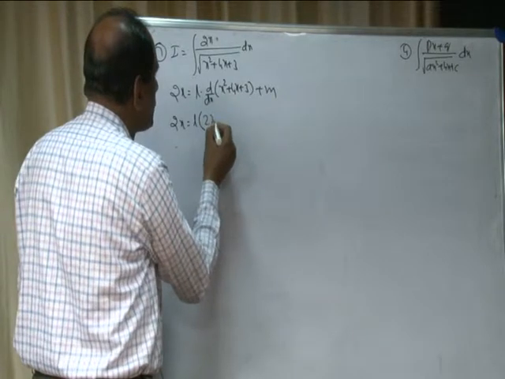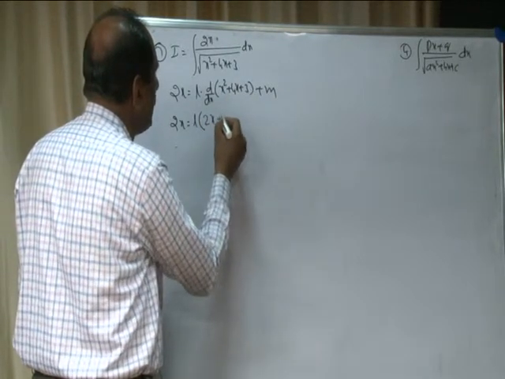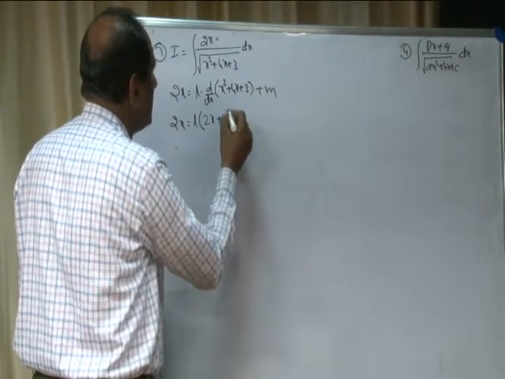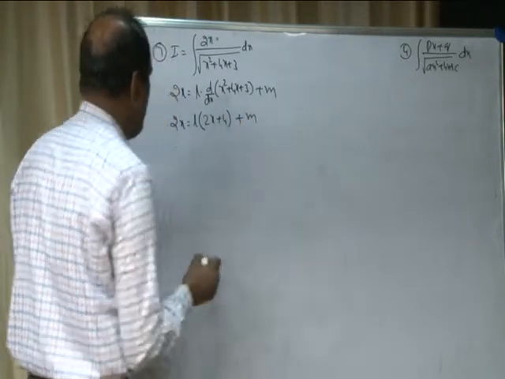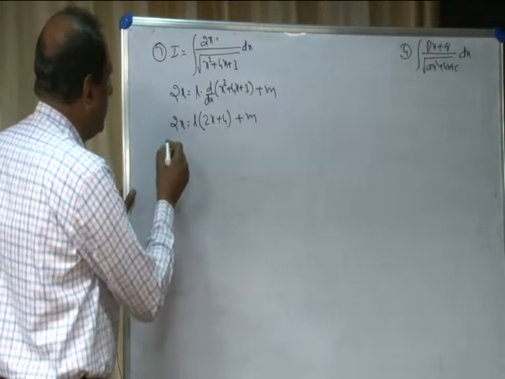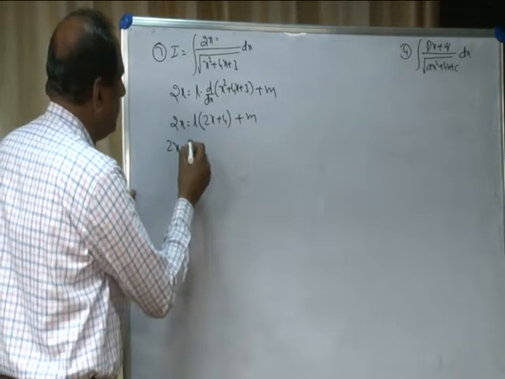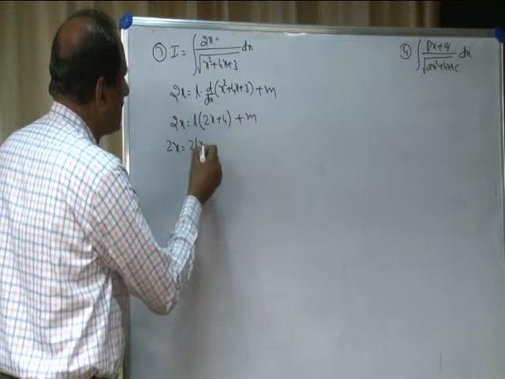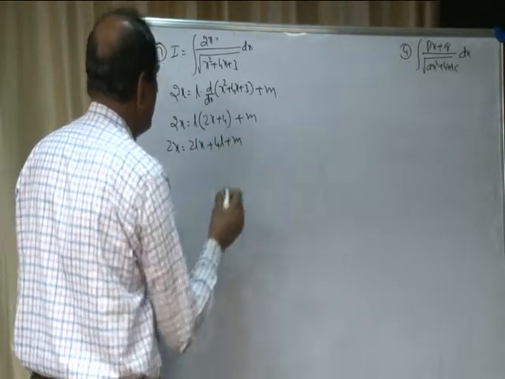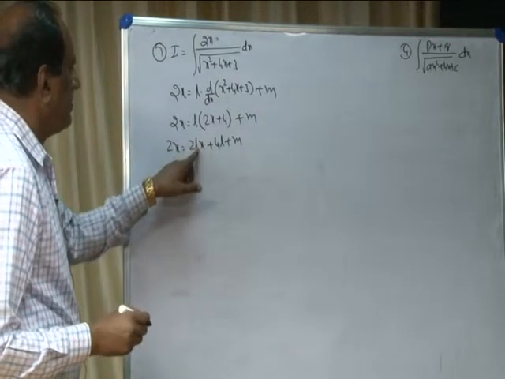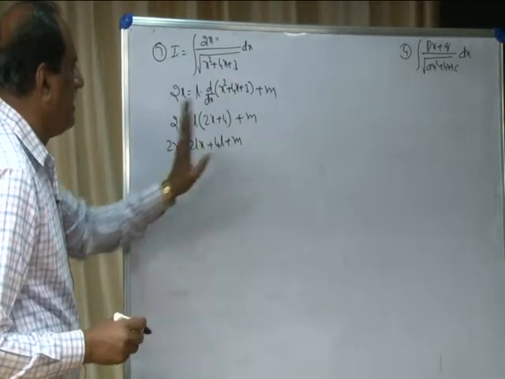Differentiation of x square is 2x, differentiation of 4x is 4, differentiation of 3 is 0. So, plus another constant m. Now, 2x is equal to 2lx plus 4l plus m. Remove the brackets: L into 2x, 2lx, plus 4 into L plus m.